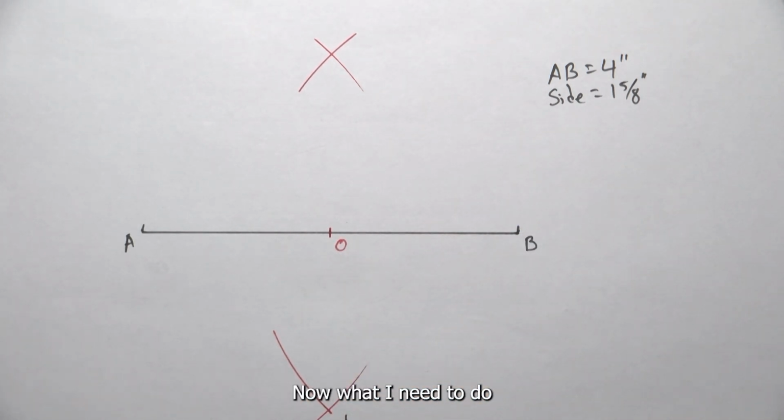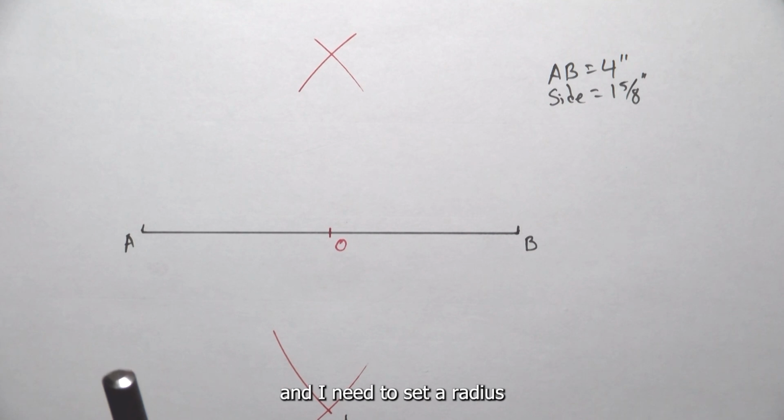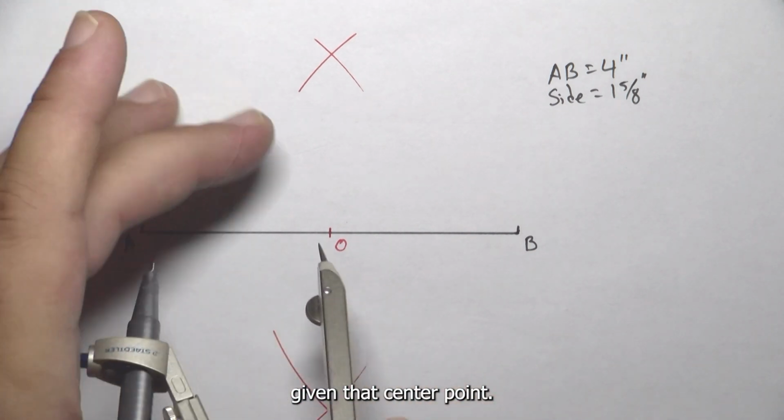Now, what I need to do is take my compass and set a radius given that center point.